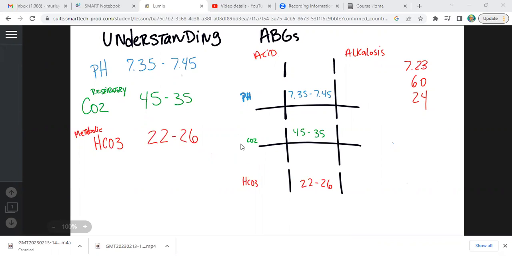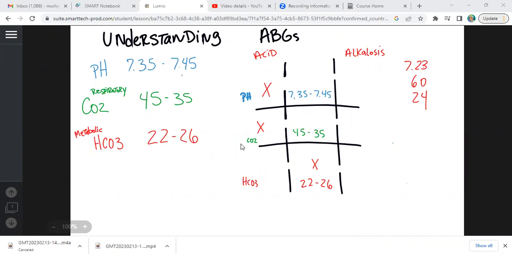So respiratory acidosis. If it's in the middle, it's compensated. If it's in its comfort zone, that's its comfort zone. It is not compensated. Correct. When it steps out of its comfort zone, so this is over here, and currently it's right there.